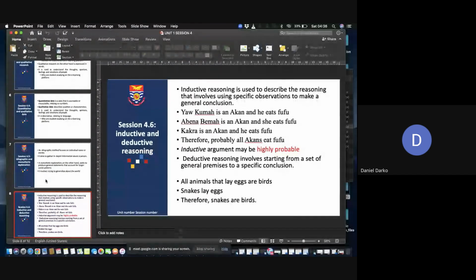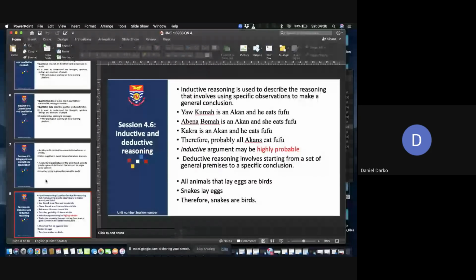For example, Yakuma is an Akan and he eats fufu. Abena Bema is an Akan and she eats fufu. Kakra is an Akan and he eats fufu. Therefore, probably all Akans eat fufu. So we have moved from specific situations to make a general conclusion: all Akans eat fufu.